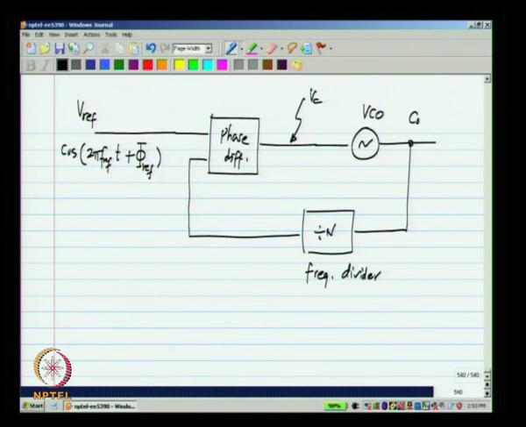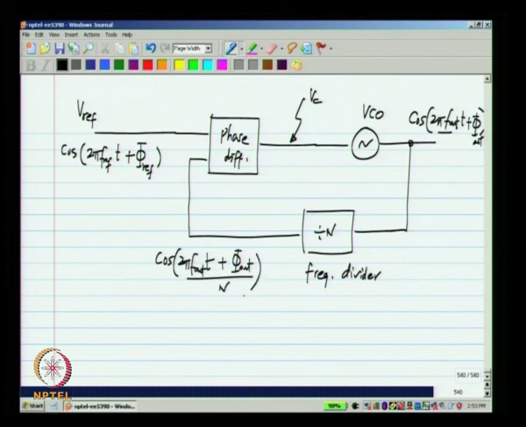At the output we would have cos 2 pi f out t plus phi out, and here we would have cos 2 pi f out t plus phi out, the whole thing divided by n.